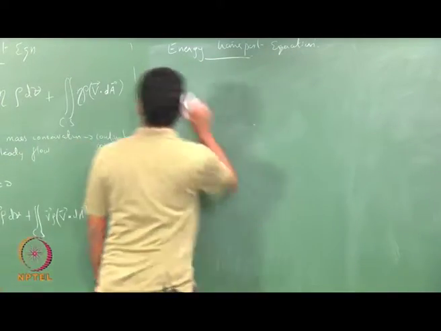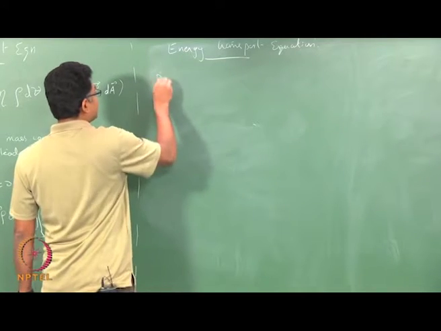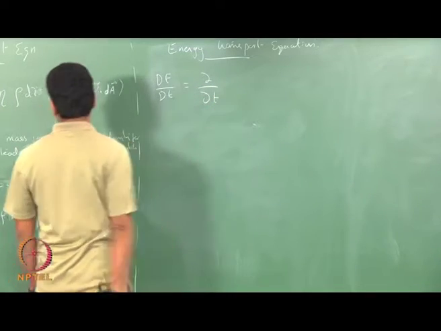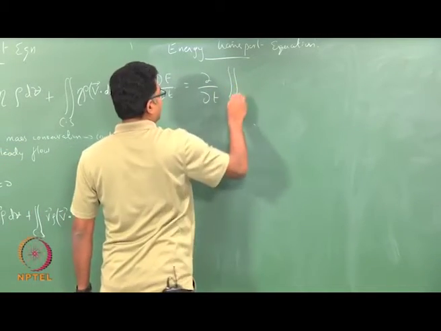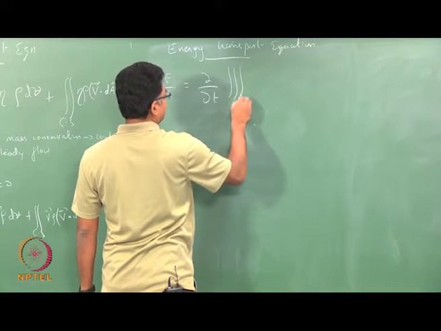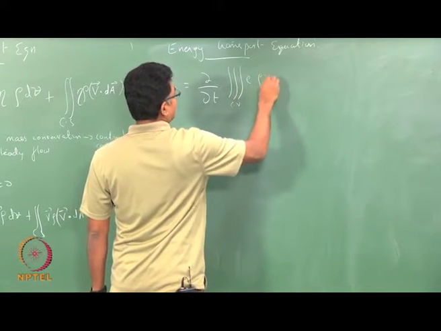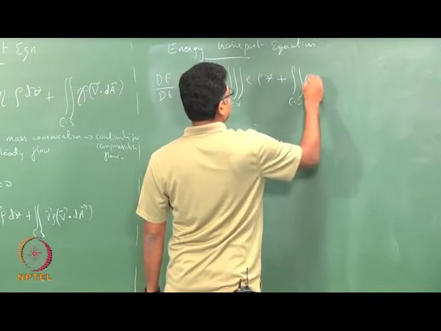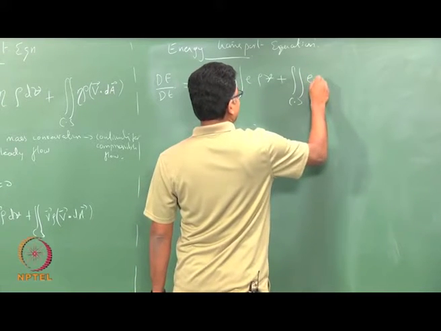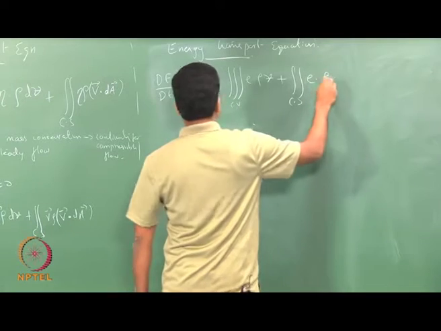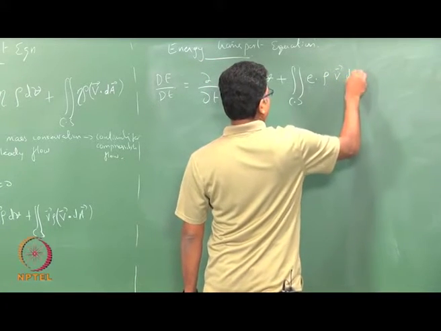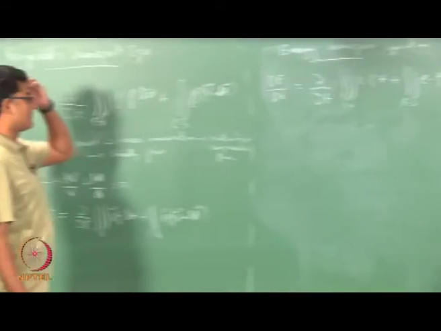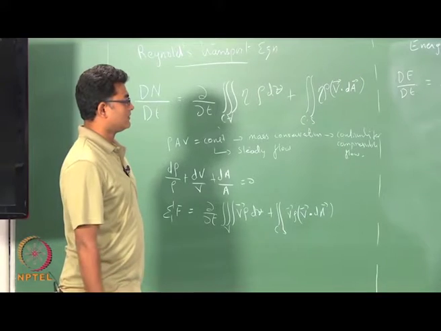So, the Reynolds transport equation is rewritten with identifying eta as small e, which is the energy per unit mass. Eta is e rho. Okay.